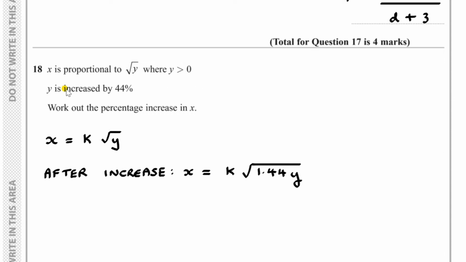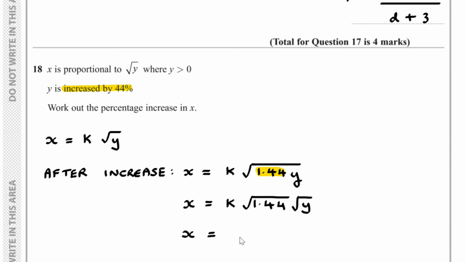So we've got x equals k multiplied by the square root of 1.44 multiplied by the square root of y.